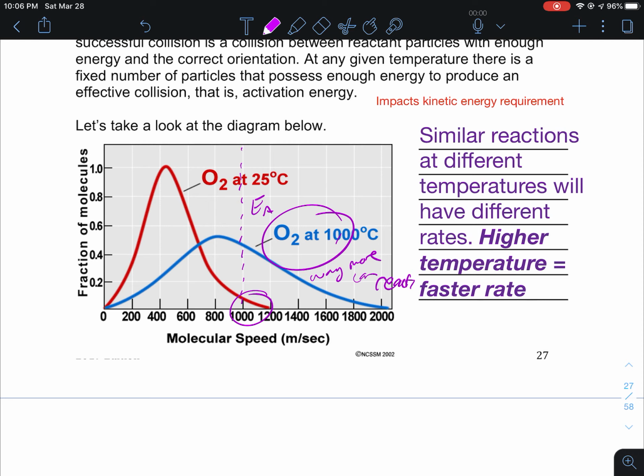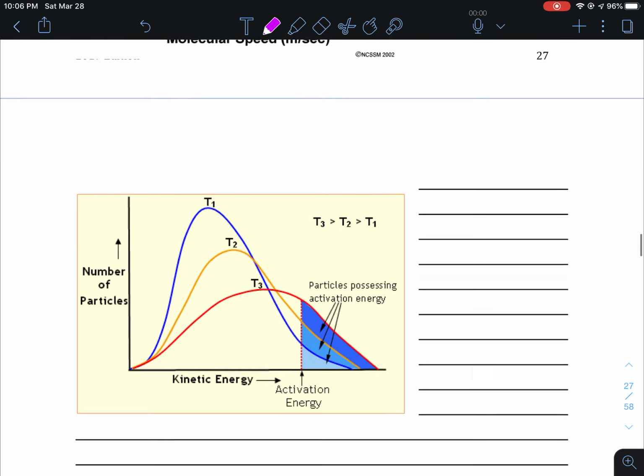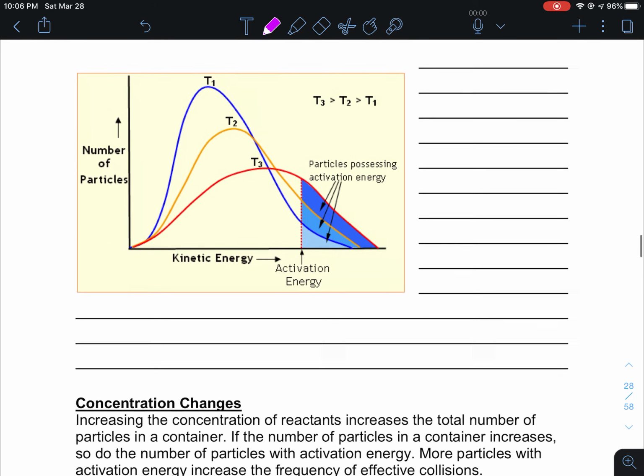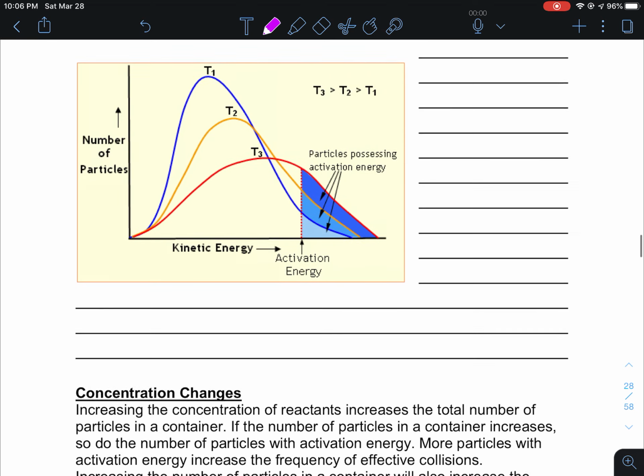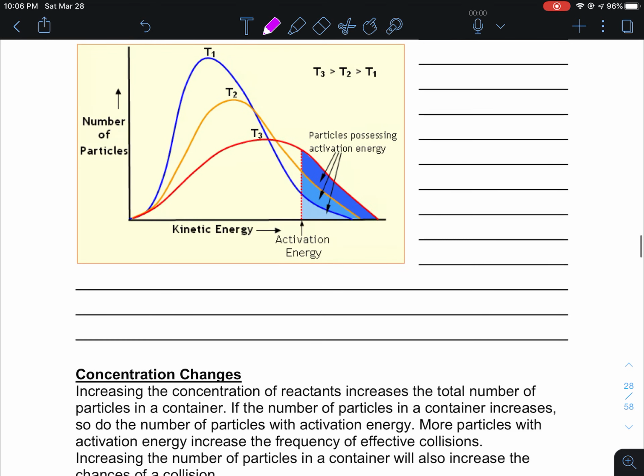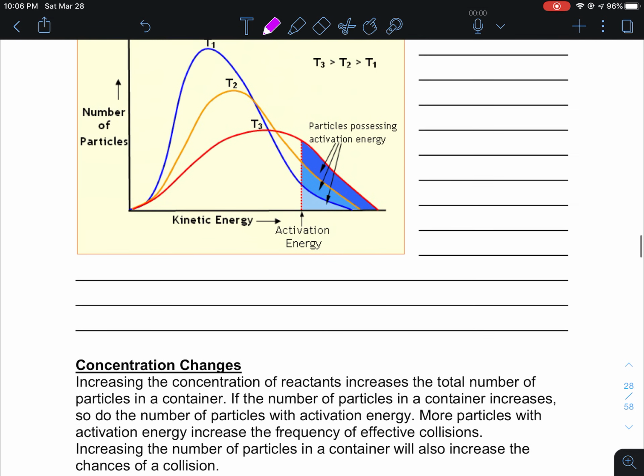And if they are not close or they fail to reach the correct orientation, then they will not react either. I guess that's what was supposed to be done on this picture here. So you can see the increase in particles possessing the amount of activation energy.